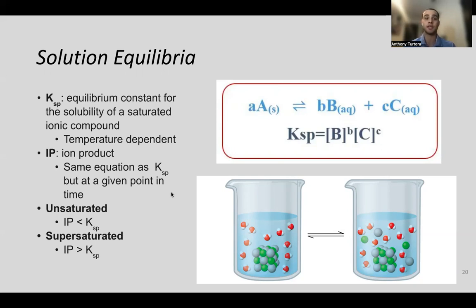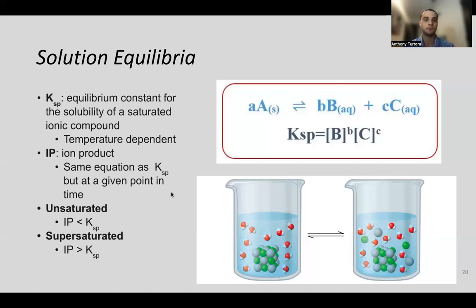As we talked about K in general, K is also temperature dependent. And then what IP here is, it's essentially K. So it's the same equation as K, but it's our value at a given point in time and not at equilibrium.